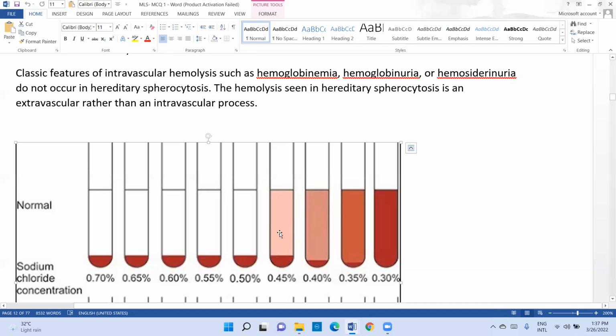Water enters the cell and makes it bigger and bigger, then ruptures. But a spherocyte is a round one. Even with a little bit of water entering there, it ruptures. So we call it increased osmotic fragility in spherocytes. So this color is because red cells are ruptured, then hemoglobin is released.